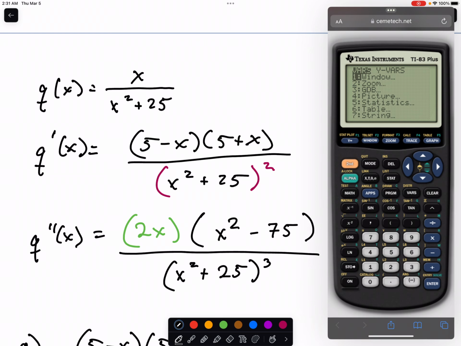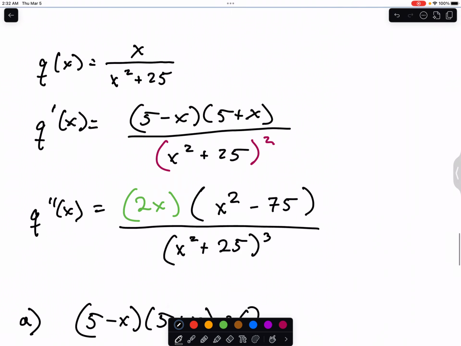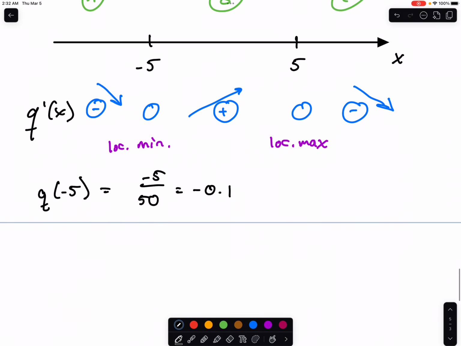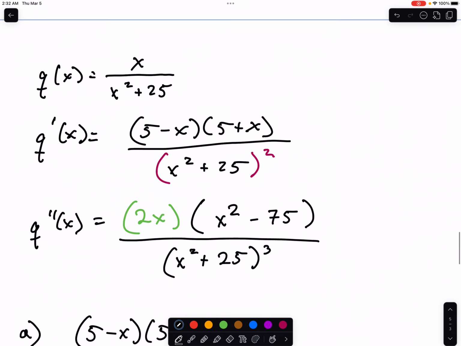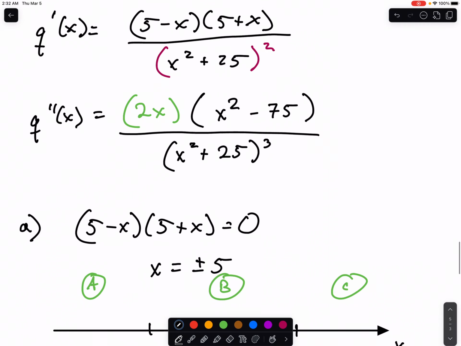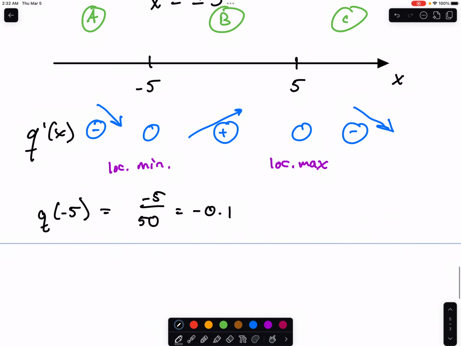I want to evaluate that function. When x is -5, we should get -0.1. And then if we plug 5 into the original, 25 plus 25 is 50. 5 over 50 is a positive 0.1.